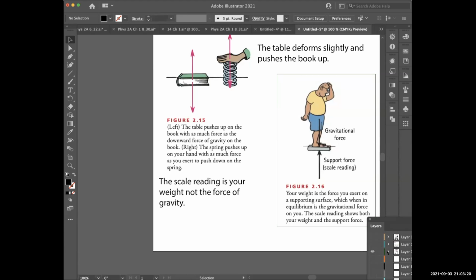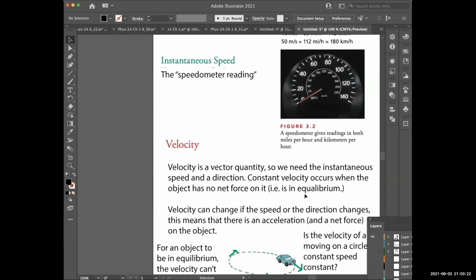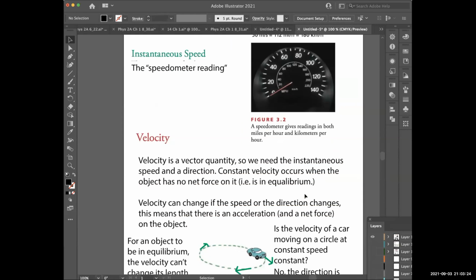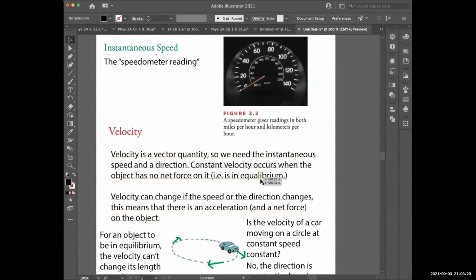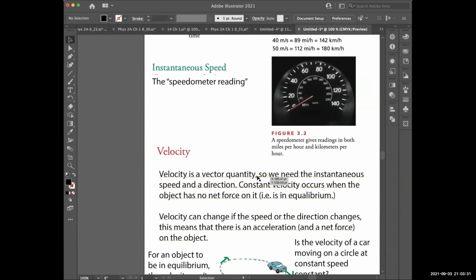So let's go ahead and pull it up here. We left off here, talking about vectors in linear motion. Any questions about velocity and vectors?